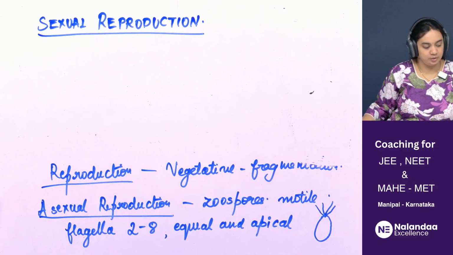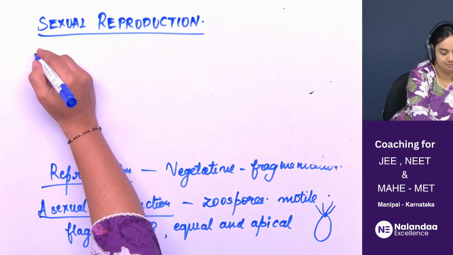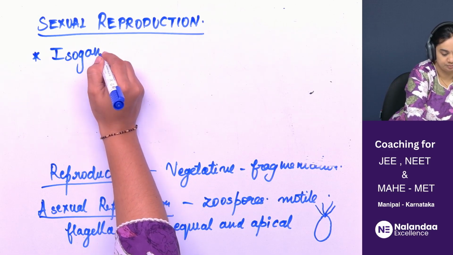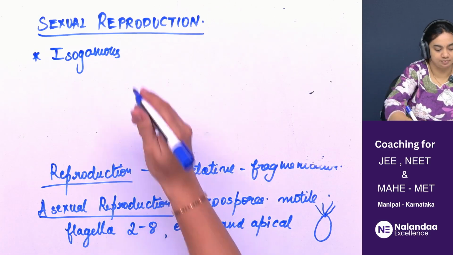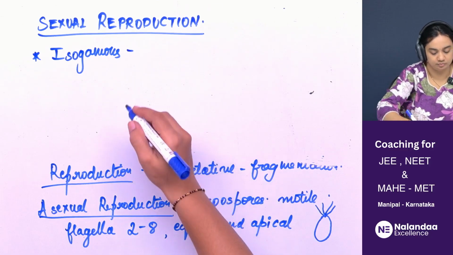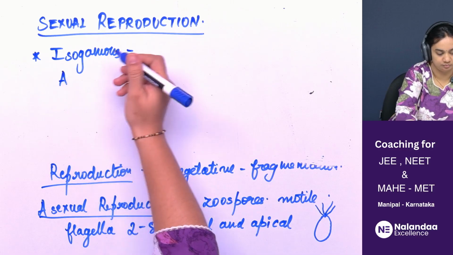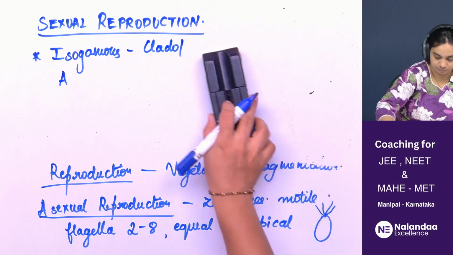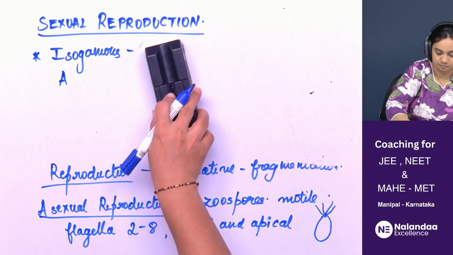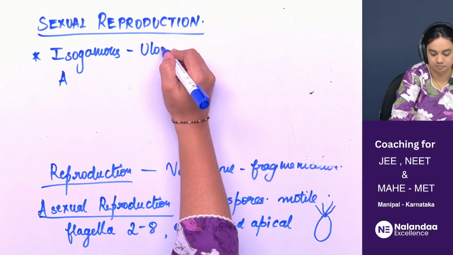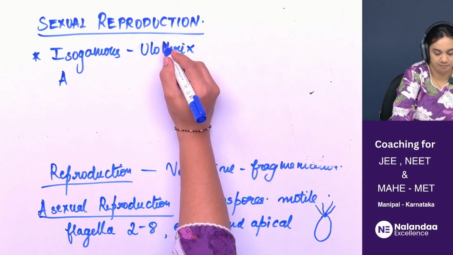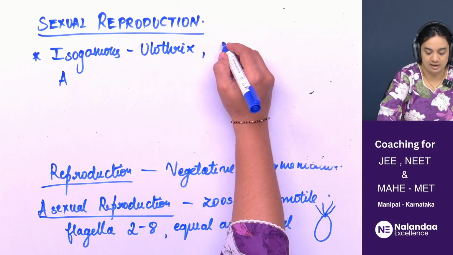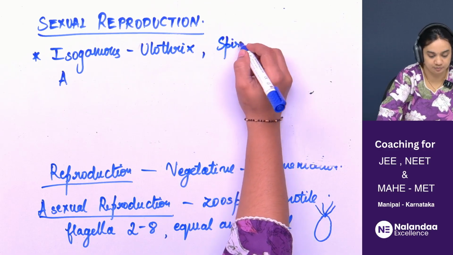Next, sexual reproduction, like I already said, it can be isogamous. Example, Ulothrix. Ulothrix will be motile, and Spirogyra will be non-motile.